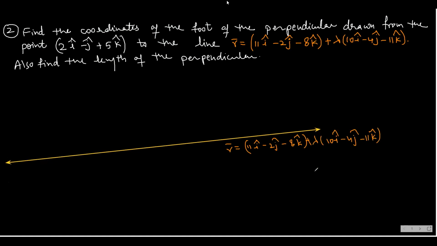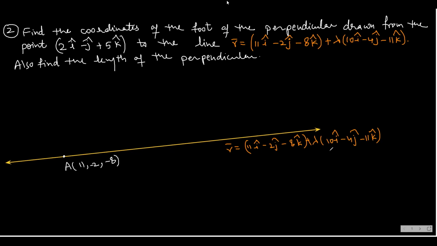This is the line. Now, if I have this line, I understand that one point on the line, say A, is (11, minus 2, minus 8).